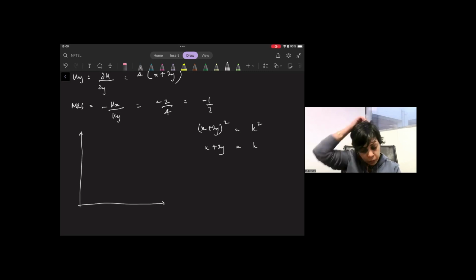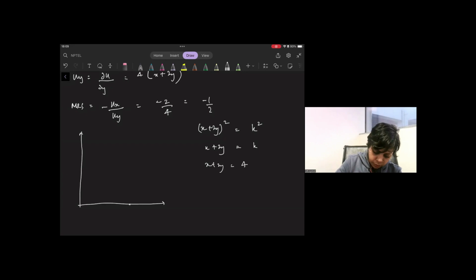Just trying to plot this. Suppose we take k as some arbitrary number, x plus 2y is equal to 4, for example. So this is your x and this is your y.